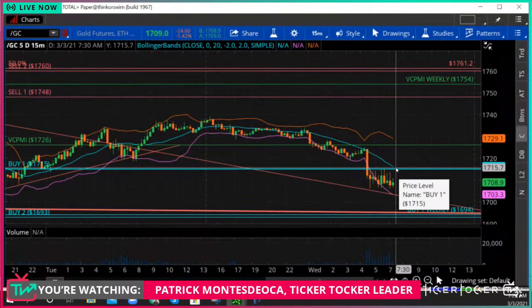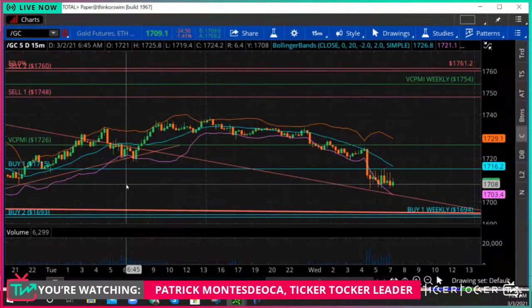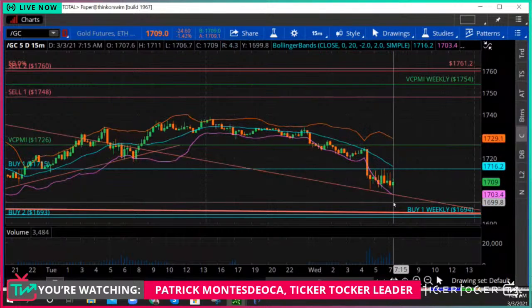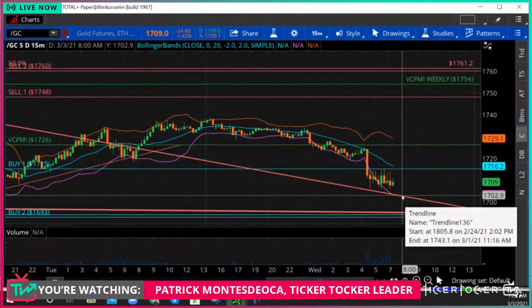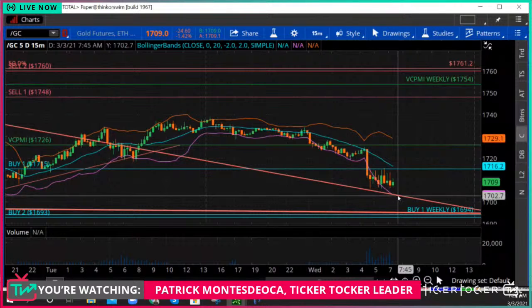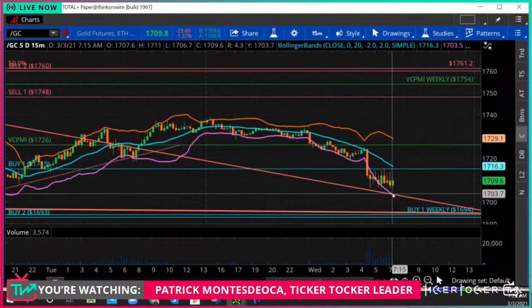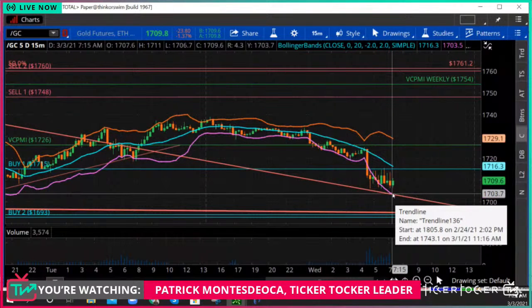The market obviously has identified the 1700 handle in gold to be a very significant level. And in fact, it's matching the Fibonacci trend lines here, the trend line support line, and also the Bollinger Band.